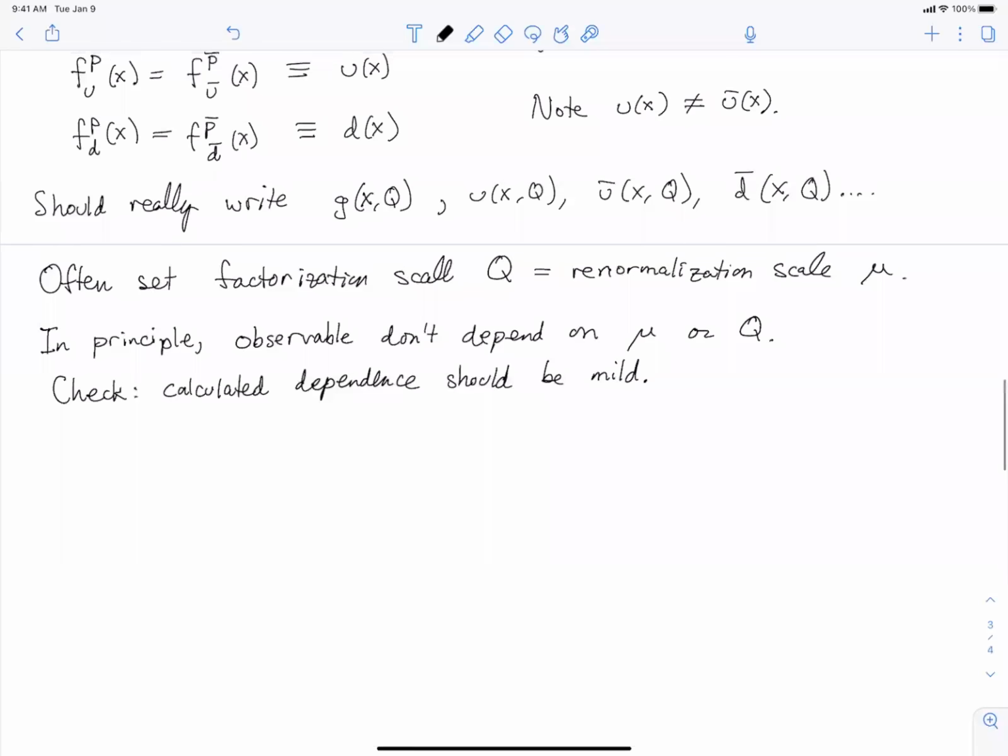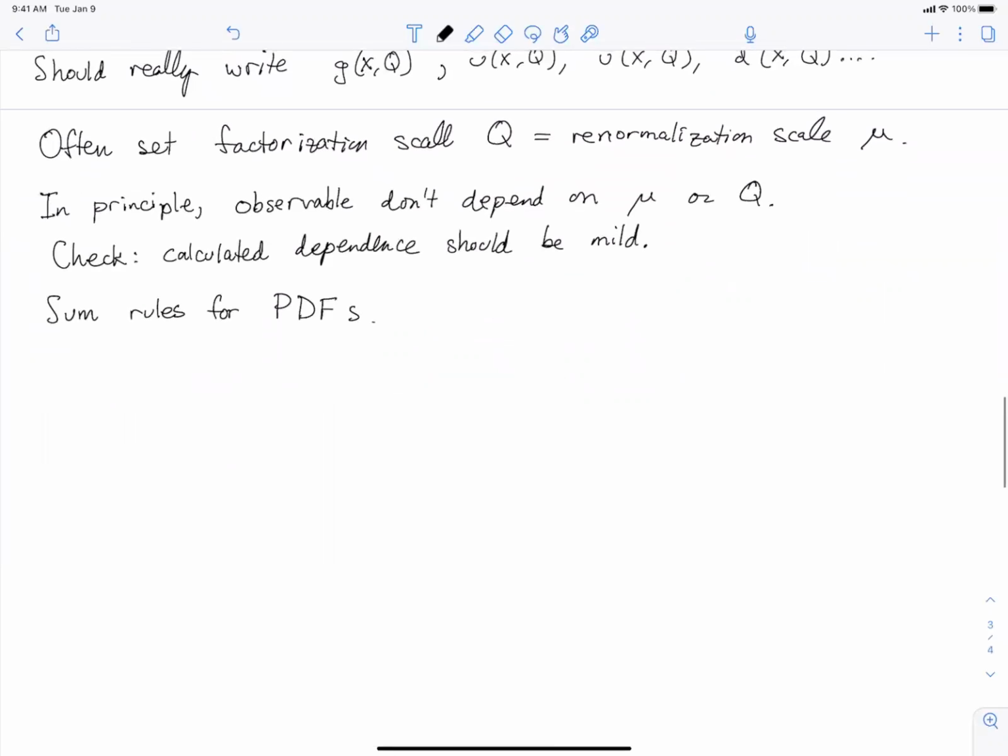All right, so one thing they do is they satisfy some rules that are useful. Some rules for PDFs. One sum rule is the following. Let me write it down and then I can explain what it means. If I integrate over all possible values of x, the momentum fraction, meaning between 0 and 1, the up quark PDF minus the up bar PDF, that should be equal to 2.